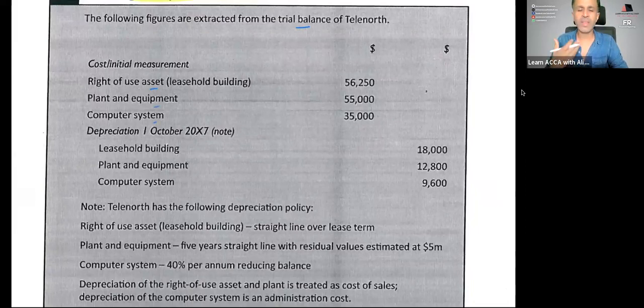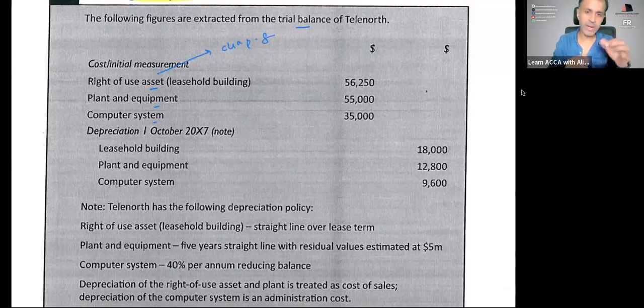If the term right of use asset is new to you, you should not be worried, because we will be learning it in our chapter 8. Right now, just consider it to be any other asset. The cost of that is provided to us, and the respective depreciations are also provided: lease or building, plant and equipment, system.